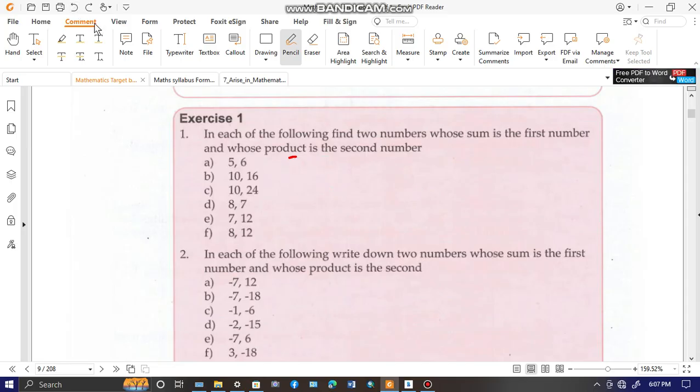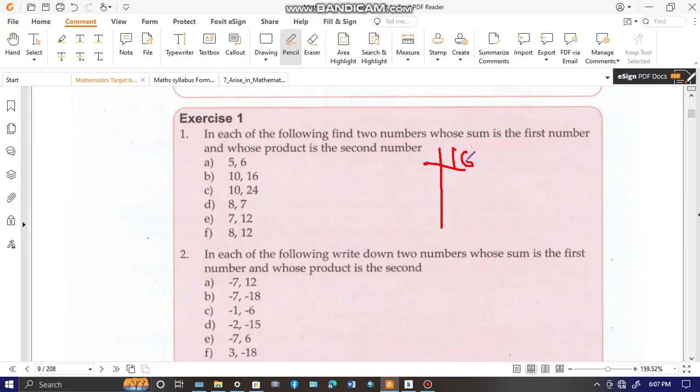And then if you check number B, you have 10 and 16, numbers which when we add should give us 10, but when we multiply should give us 16. What numbers are those? To achieve this, you still require that HCF procedure.